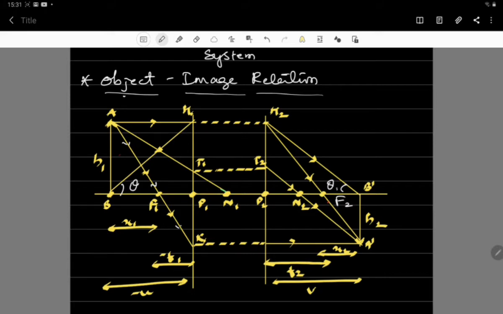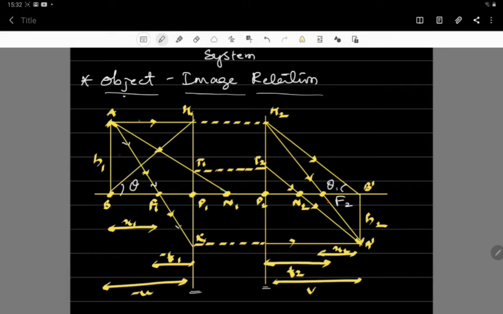For that we are considering the 2 focal points, 2 nodal points, 2 principal points, and the possible rays. In this diagram we have taken one H1 and another H2. These are the 2 principal planes.